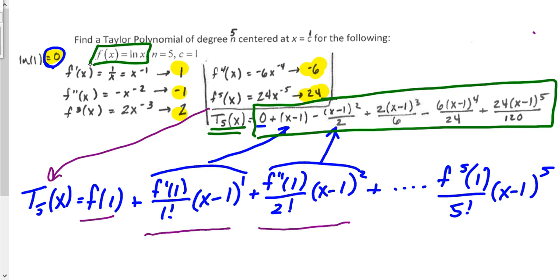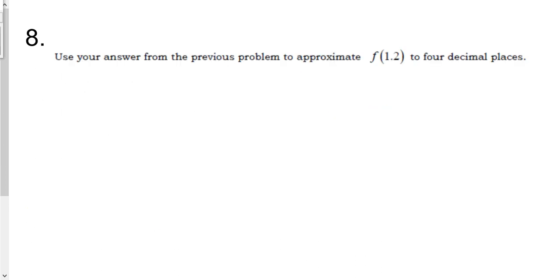So if you think back, historically in math, this was such an epic thing because back in the day, they didn't have the TI-84 or Desmos to pull out and just type in natural log of something, right? This was the tool. This is what allowed mathematicians to calculate these things. It's amazing. So if they wanted to have a really decent estimate of natural log of 1.2, guess what they did?